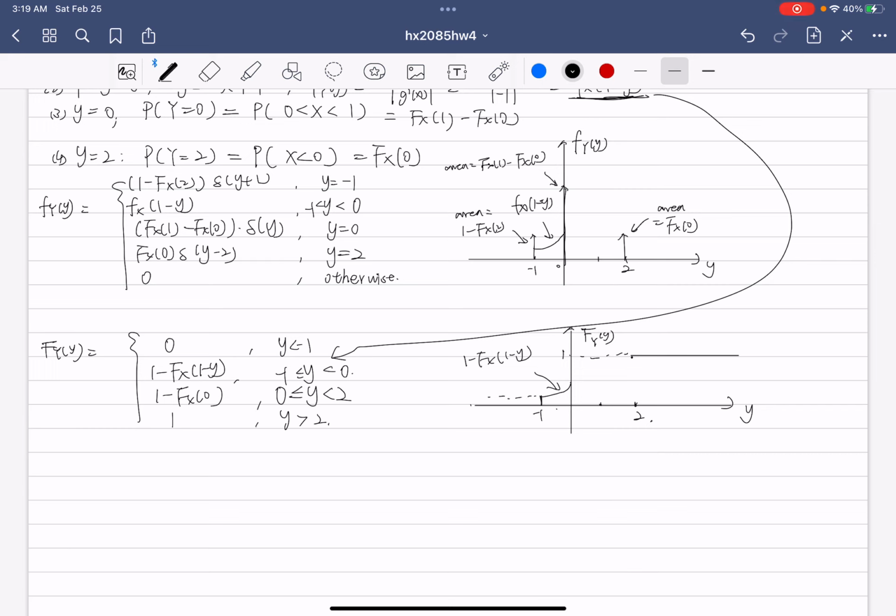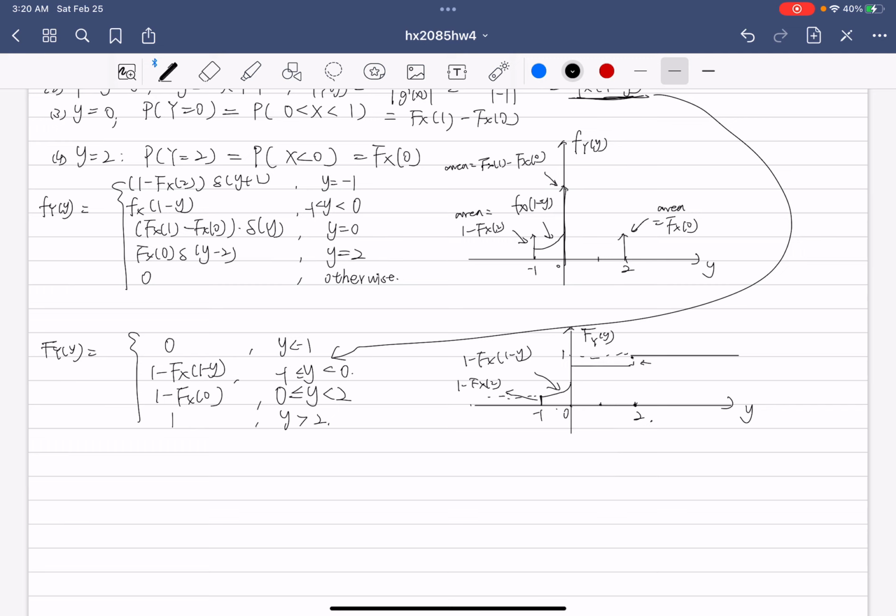Here is a jump, which is 1 minus F_X(2). And when y is in the range from 0 to 2, it's always 1 minus F_X(0).